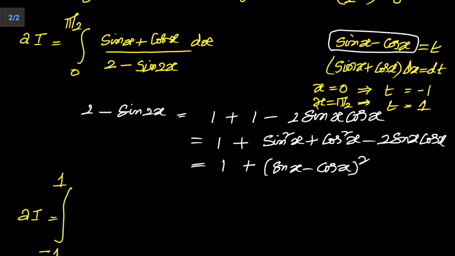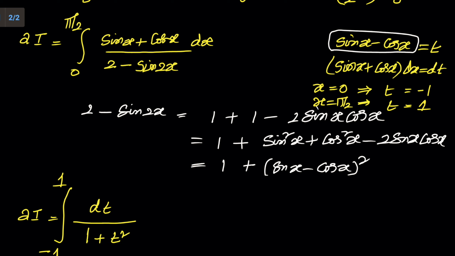2I equals to integral minus 1 to 1 dt divided by 1 plus t square. That is what we got.